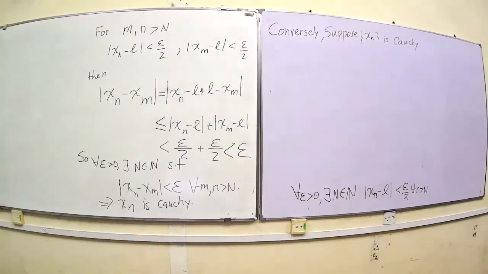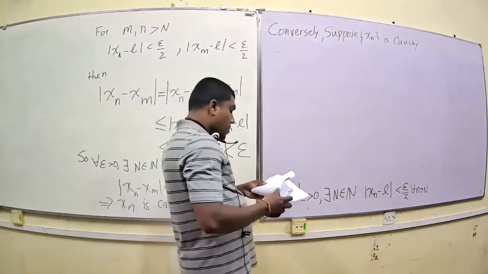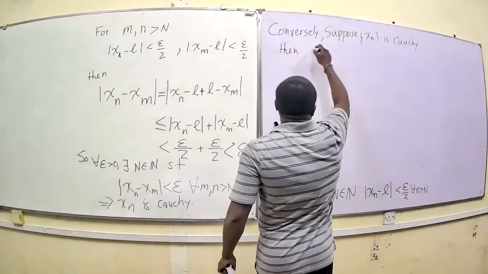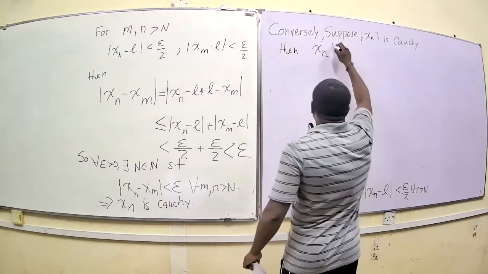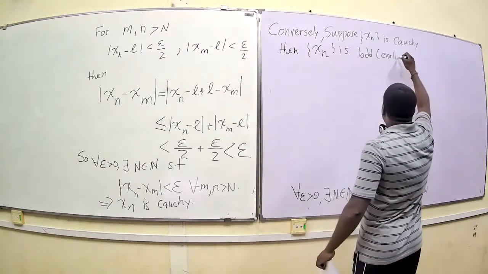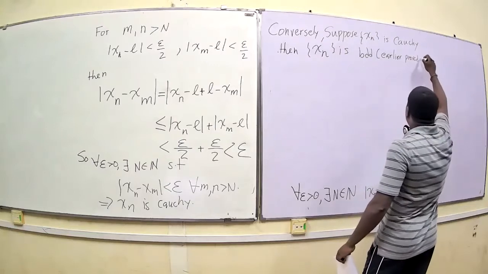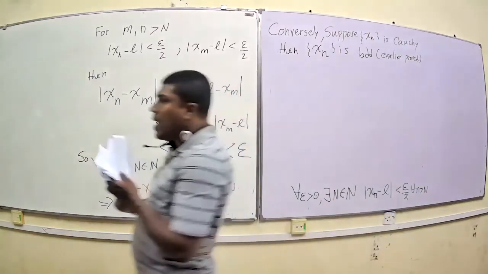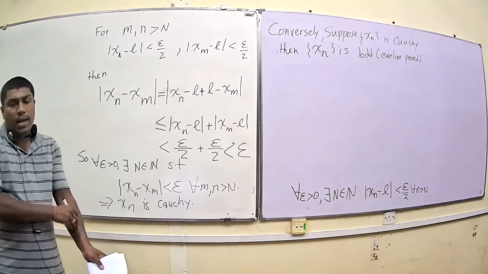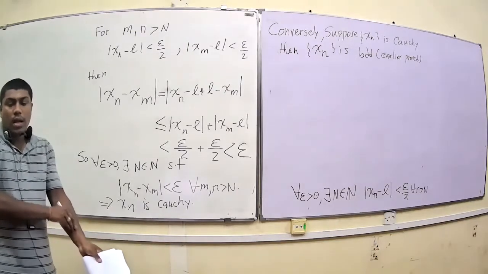But I already proved that a Cauchy sequence is bounded, just at the beginning of this class. So if you assume xn is a Cauchy sequence, then it is a bounded sequence.